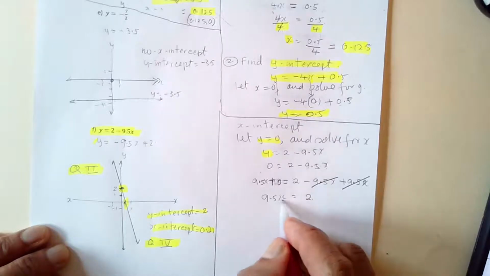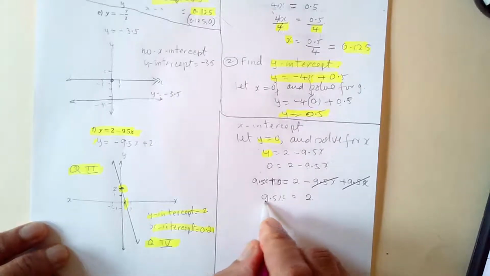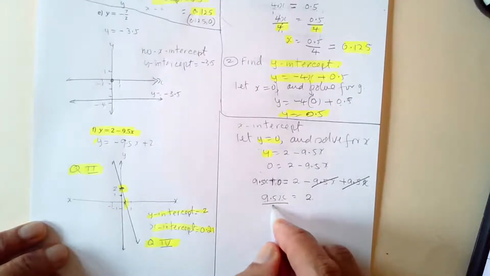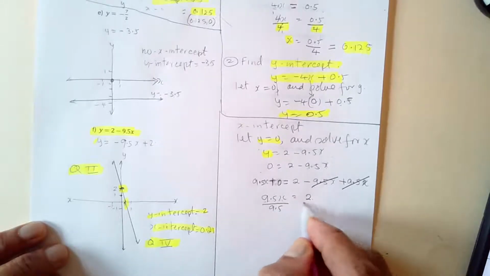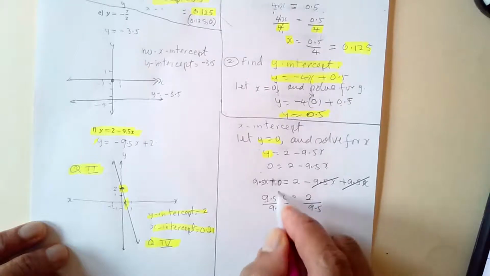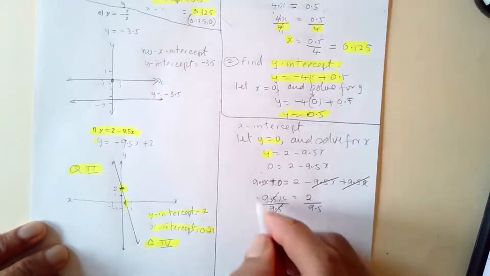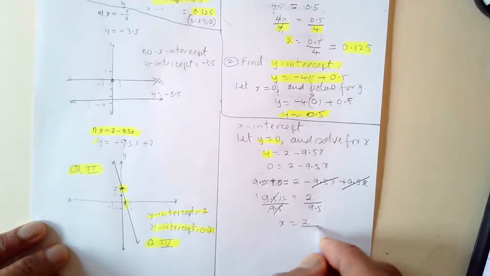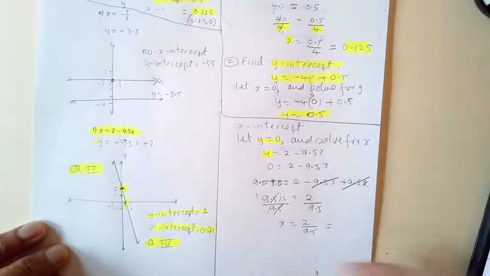Now I need to divide both sides by 9.5, so I can have 1x here. 9.5 divided by 9.5 is 1. So now I have x is equal to 2 divided by 9.5.